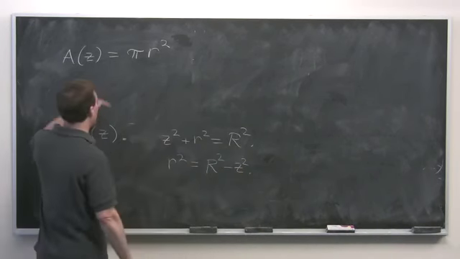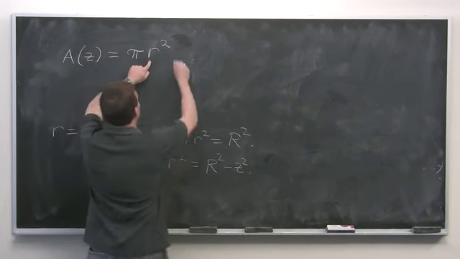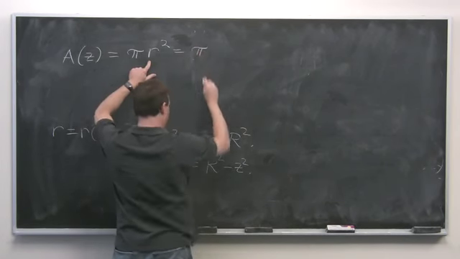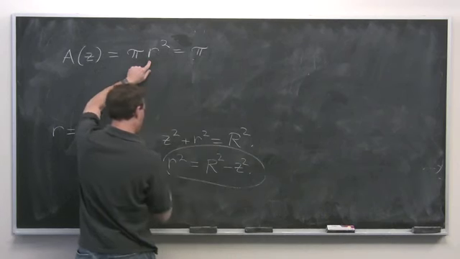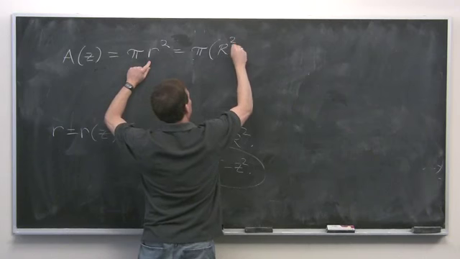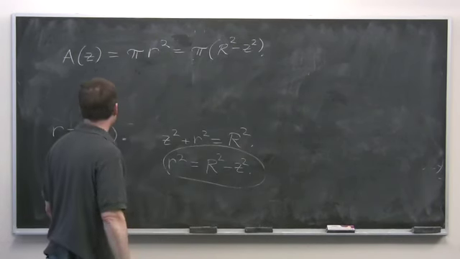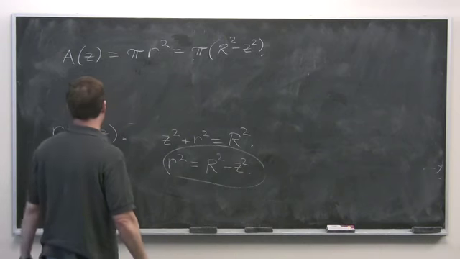So this cross-sectional area is pi times, it's right here, it's already squared for us, pi times (R squared minus z squared). So that's the cross-sectional area.